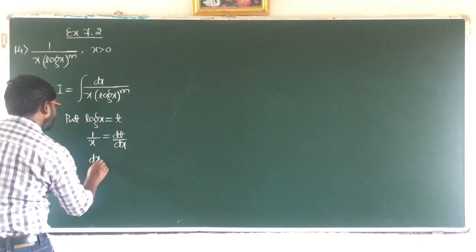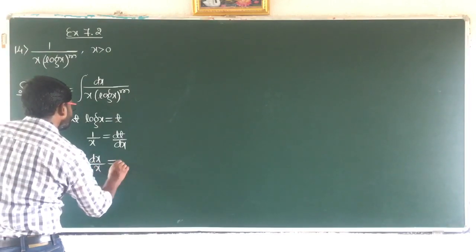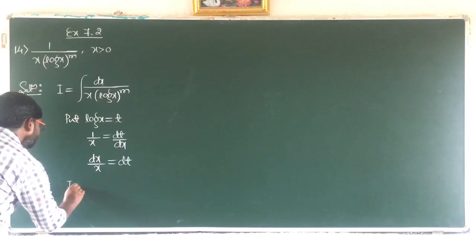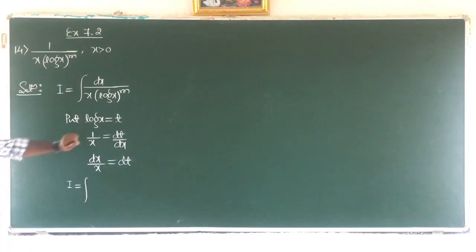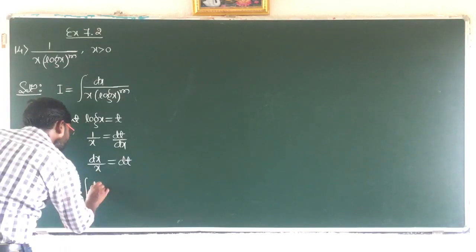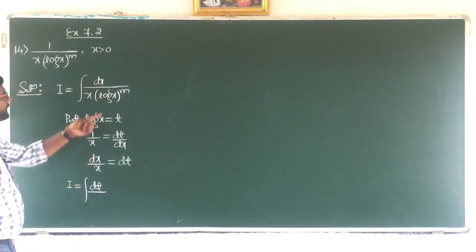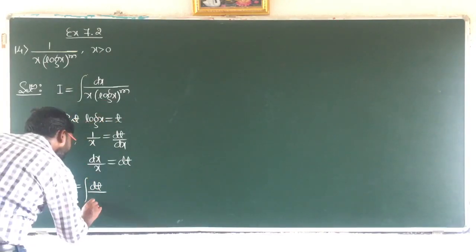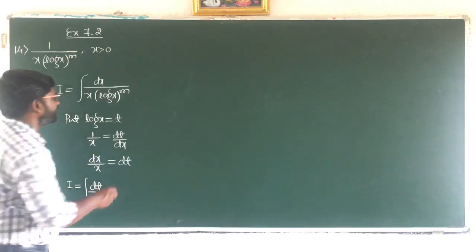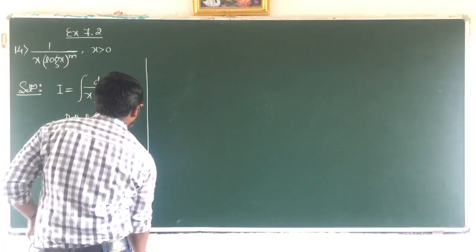We get dx by x equals dt. Rewrite the integral now. Here, dx by x is dt. Then log x is t, so we get t raised to m. Now take t raised to m to the numerator. It becomes t to the power minus m.